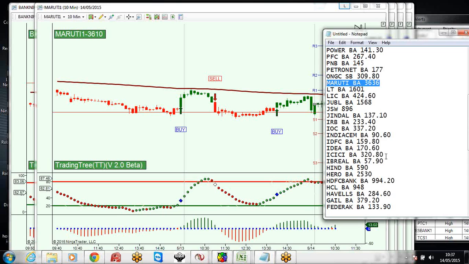Maruti, the buy entry is at 3636. Now it is at 3610.